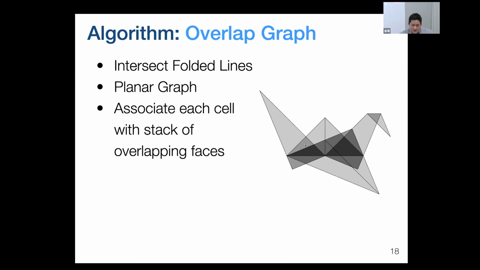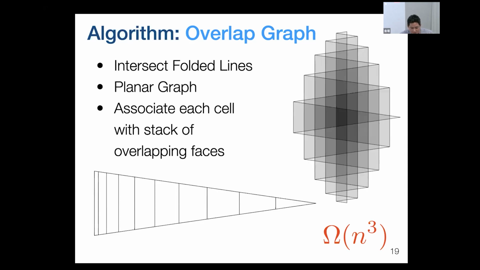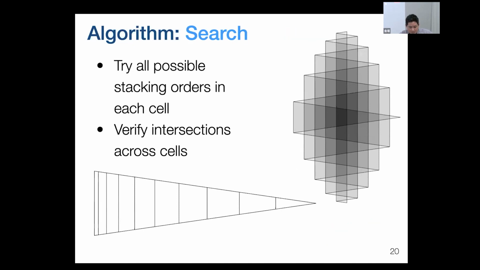And so this graph actually can have complexity that's quite difficult. It can actually take up at least cubic space. So here's an example of a crease pattern where it requires cubic space to store. You have a quadratic number of cells in the overlap graph, and each one of those cells could have a linear number of faces in them.